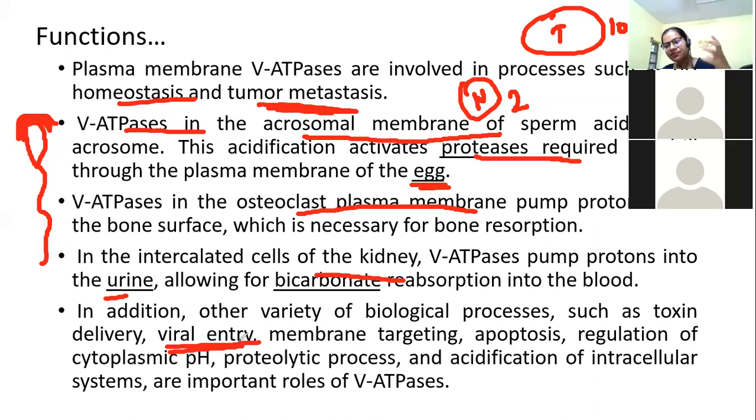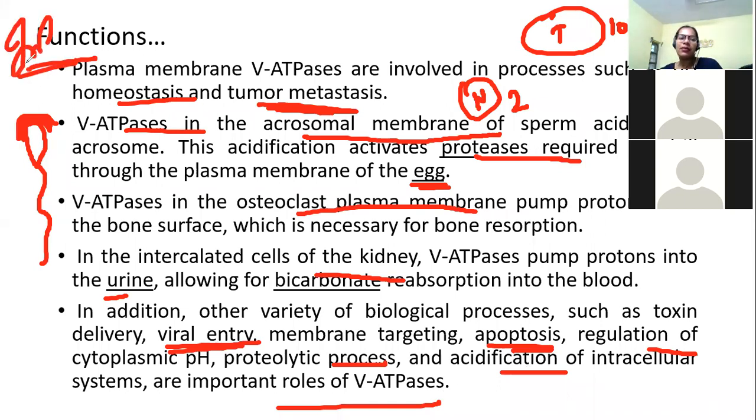They acidify the host cell, then enter inside the host cell and start replicating. Then apoptosis, membrane targeting, regulation of cytoplasmic pH, proteolytic processes, as we just discussed about trypsinogen and chymotrypsin, and acidification of intracellular systems. They are all important roles of V ATPases. So this is an important slide which you need to remember.